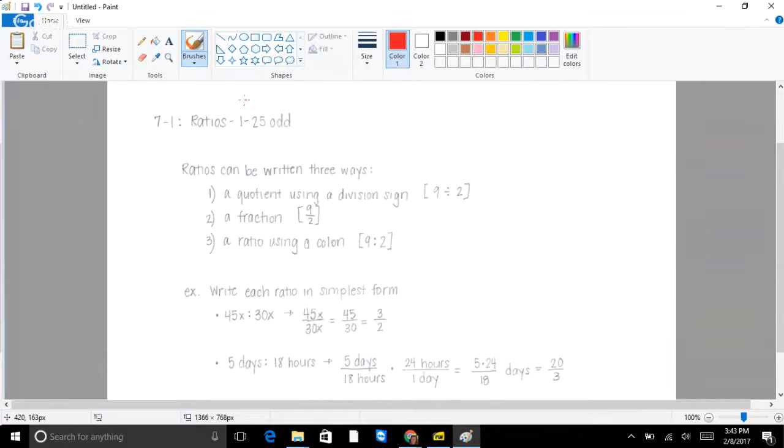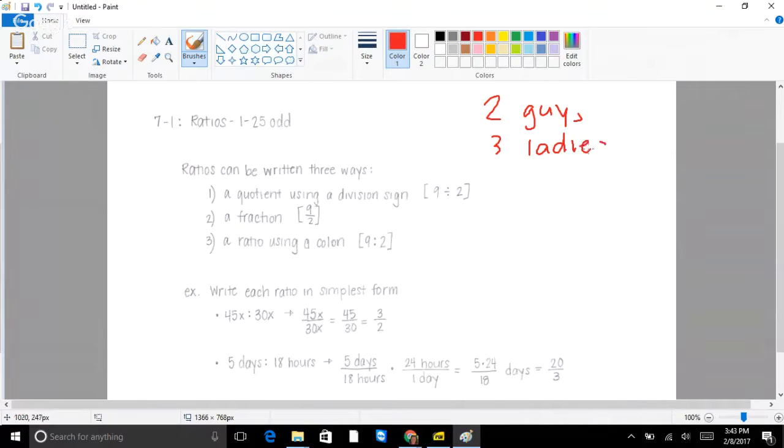So we have 2 guys, sorry about that, and we have 3 ladies, right?